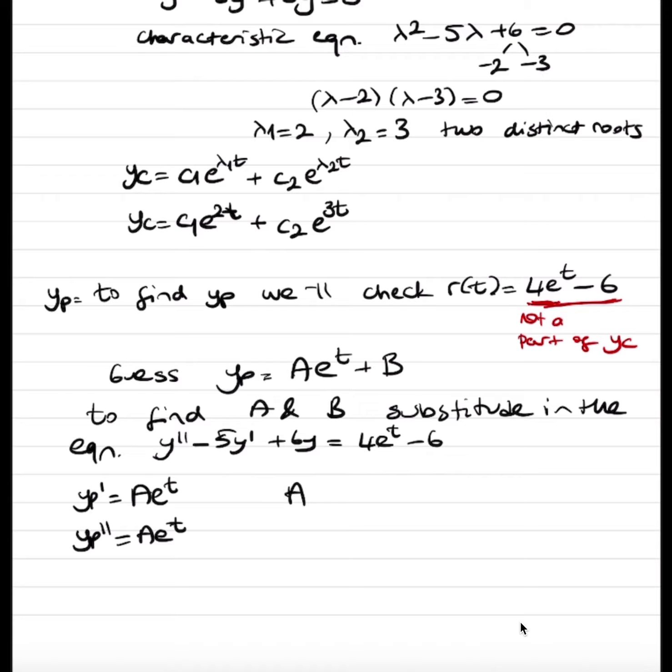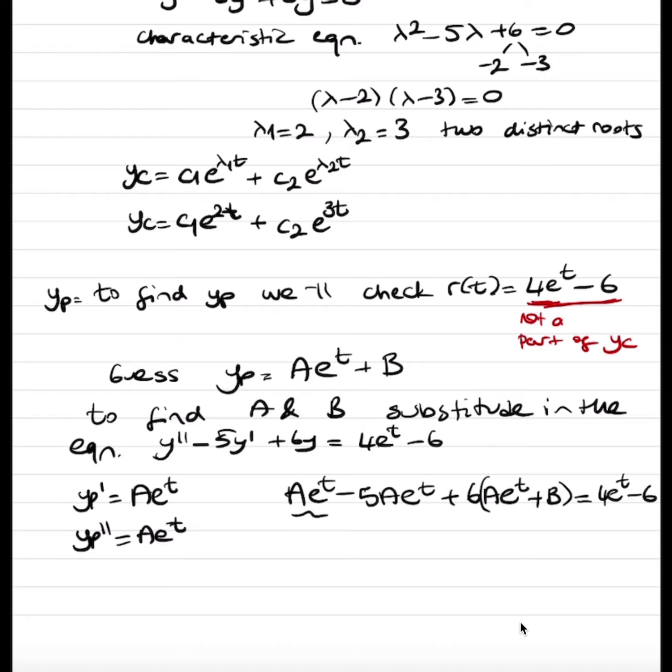Okay, so a e to the power t minus 5a e to the power t plus 6a e to the power t plus 6b is equal to 4 e to the power t minus 6.